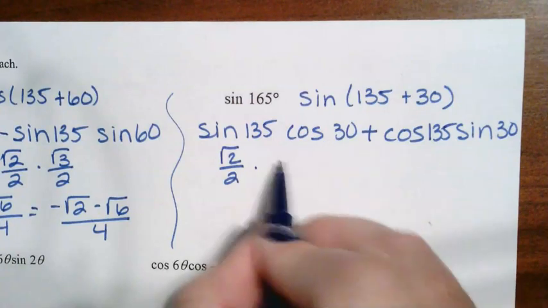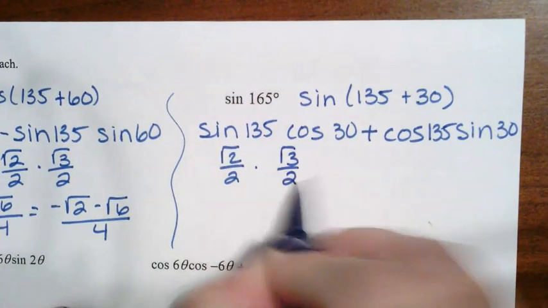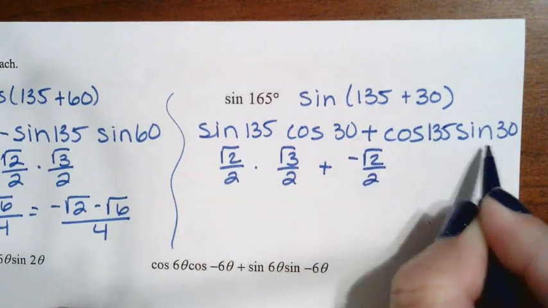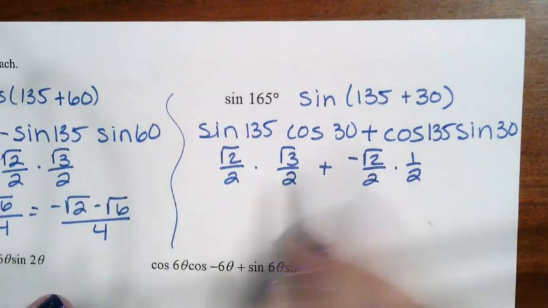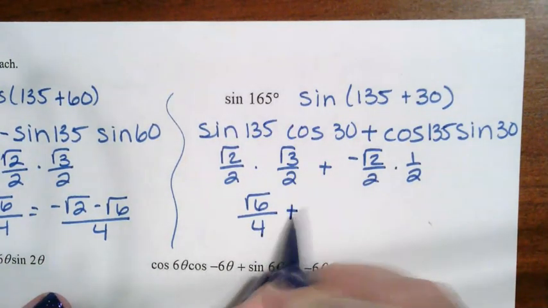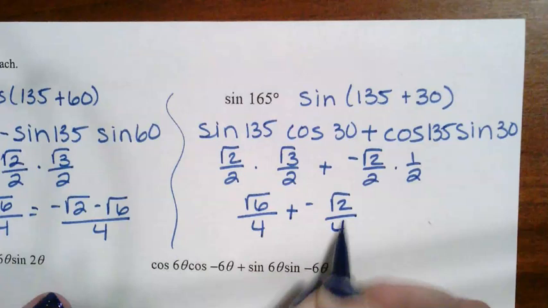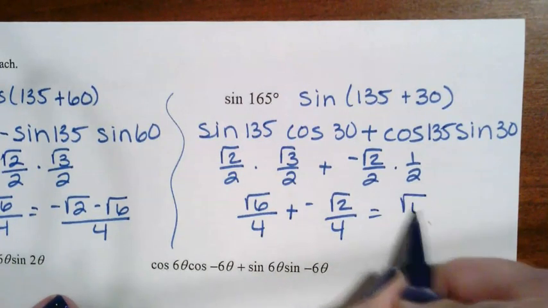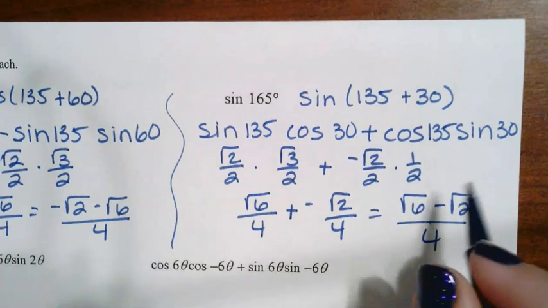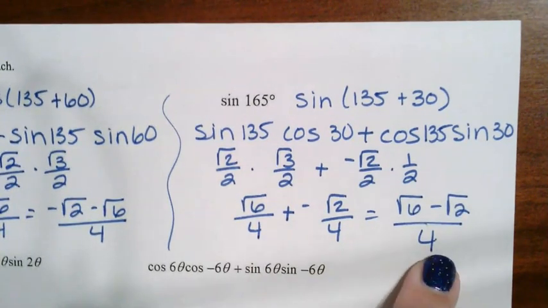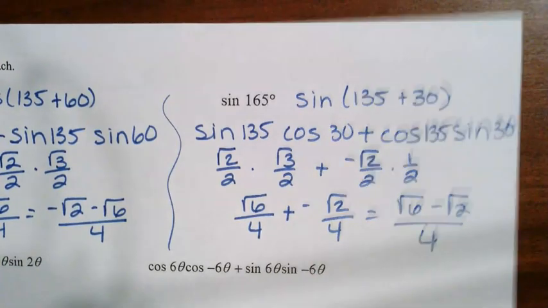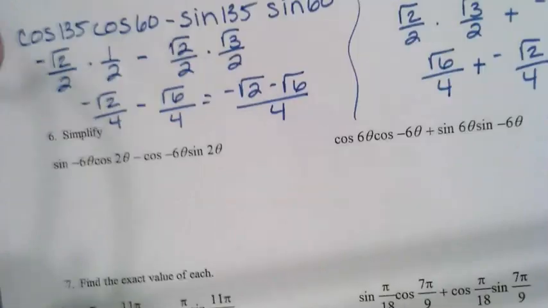Cosine of 30 is square root 3 over 2. And then negative square root 2 over 2 and 1/2. So square root of 6 over 4 plus a negative square root 2 over 4. And I'm just going to rewrite this as square root of 6 minus the square root of 2 over 4. So please just remember that we always will have a square root of 6, a square root of 2, and a 4.